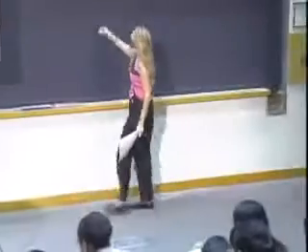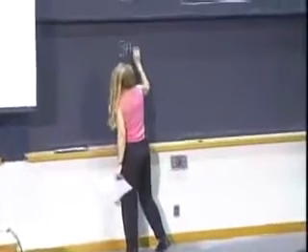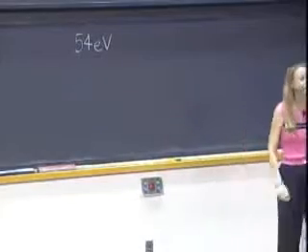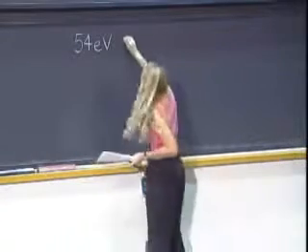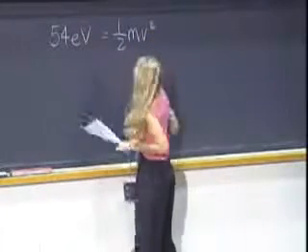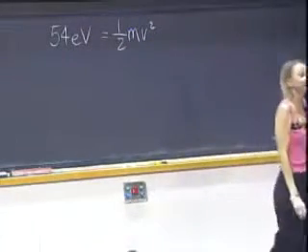All right, so we know we have 54 electron volt electrons coming into this nickel crystal. That's their kinetic energy. That's 1/2 mv squared. Kinetic energy can also be written in terms of the momentum. You can convince yourself of this.